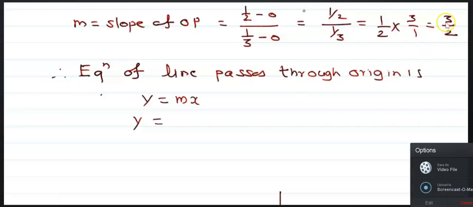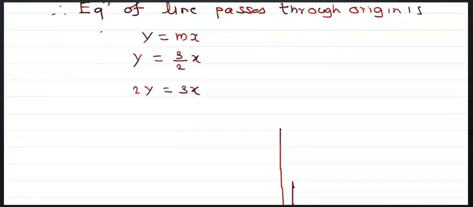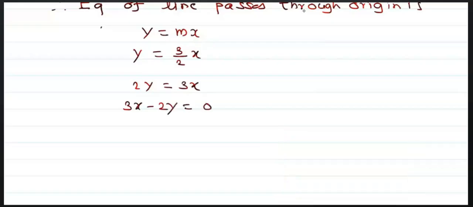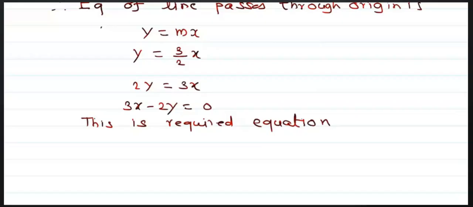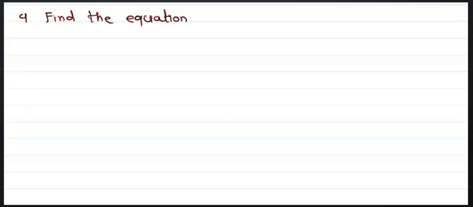And what is the slope? Slope is 3/2. Therefore, y is equal to 3x/2. Therefore, 3x minus 2y is equal to 0. This is the required equation of the line.